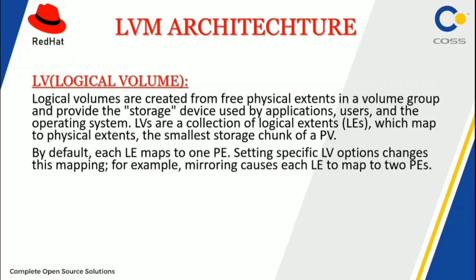For example, mirroring causes each LE to map to two PEs. Mirroring is a different concept, and we will discuss it later. First of all, you need to know that the PE and LE size is the same, and they are mapped. There is no difference in size; they are the same thing on a different level.